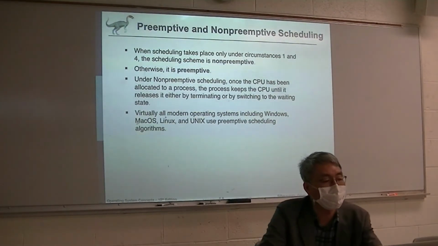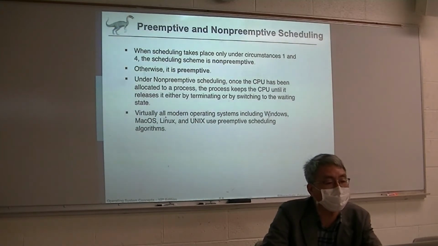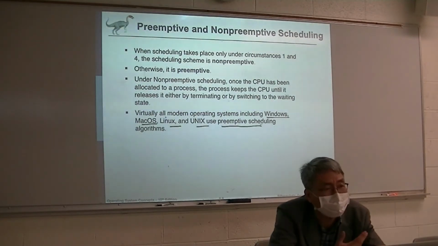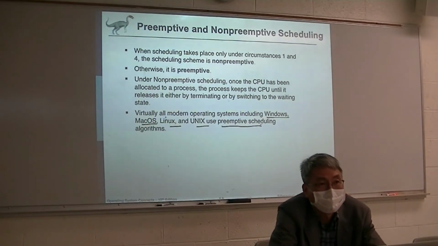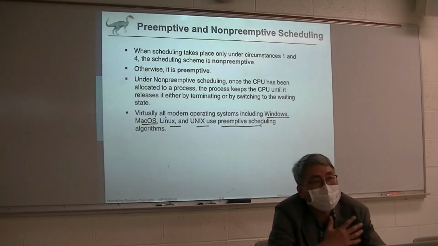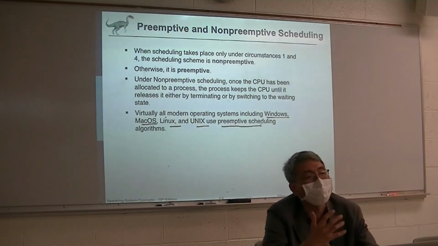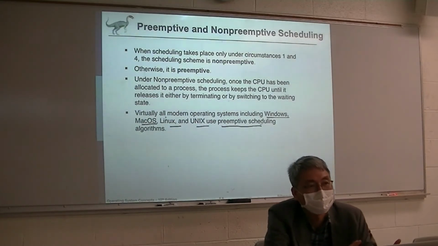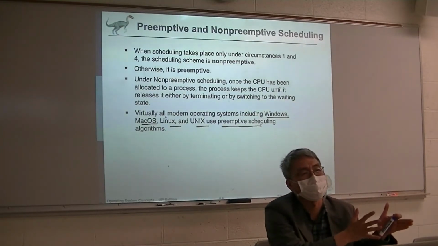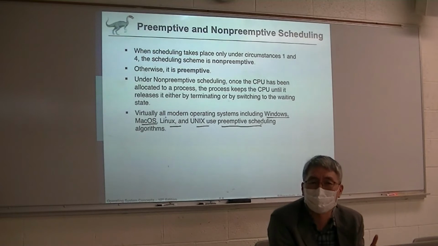As you can see, nowadays most operating systems, including Windows, Mac OS, Linux, and Unix, are using the preemptive scheduling algorithm. That makes sense because the operating system concept and algorithms are fighting against limited resources. The CPU is really critical.